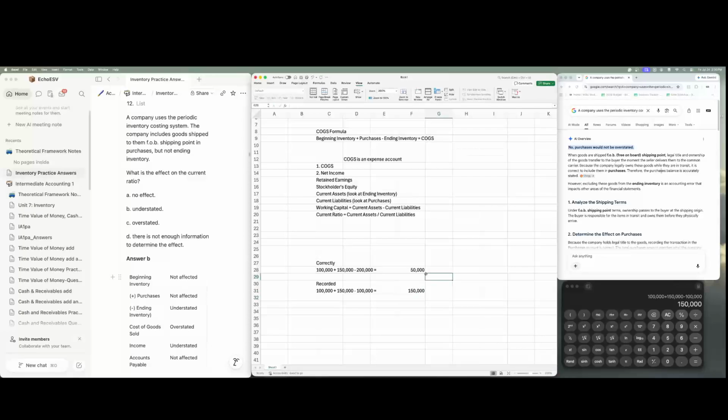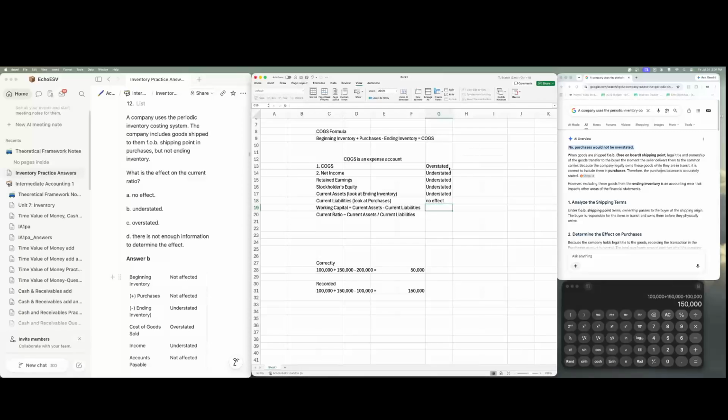So that would mean, first off, cost of goods sold is going to be overstated. The expenses have been overstated, so the income is going to be understated. Ending inventory is understated, and the current liabilities have no effect.